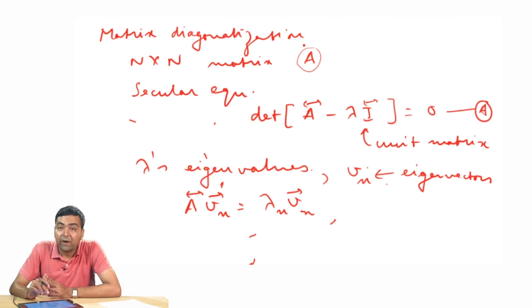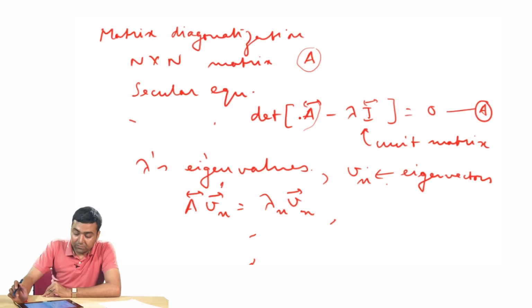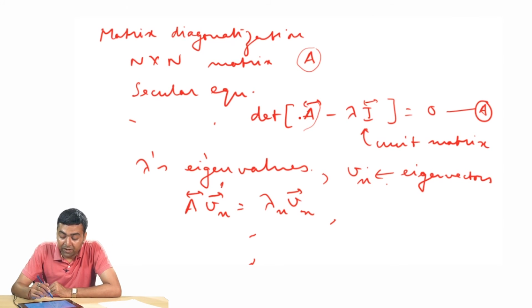Also the matrix elements are quite complicated. The matrix elements are integrals of the product of your Hamiltonian with your basis functions. So to evaluate each matrix element of A you need to calculate the integral. Hence it is a very complex matrix to diagonalize.